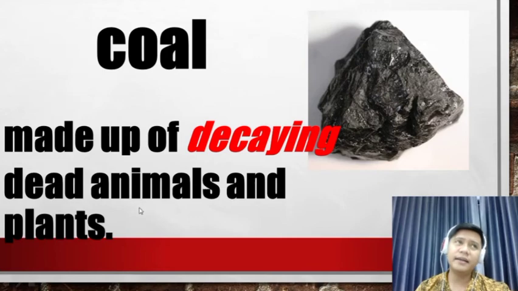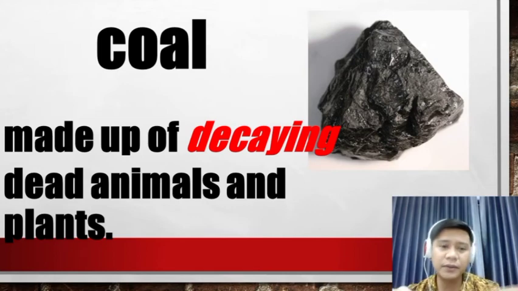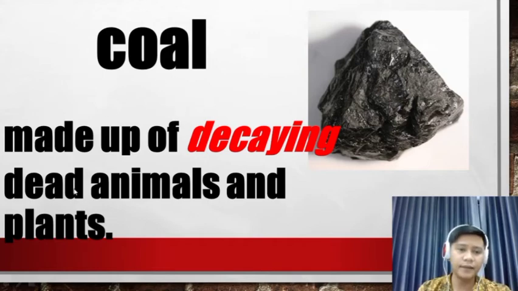They say plants because, for example, when we have wood and we put a fire, when the wood is burnt out, there's some stone, or hard stone, in it. That stone is what we call coal. Also, coal can be seen in a dead animal, but it needs to decay or rot. So coal is made up of decaying dead animals and plants.